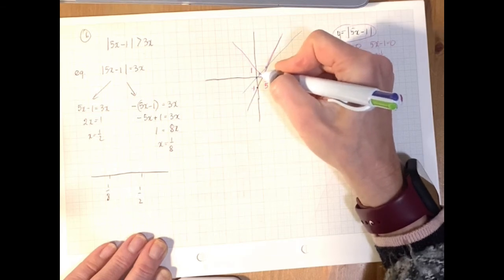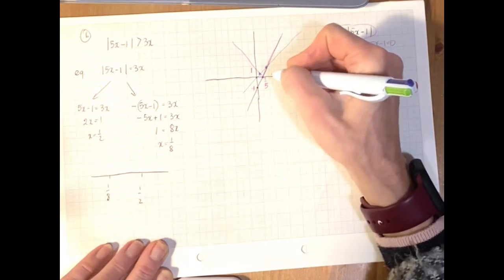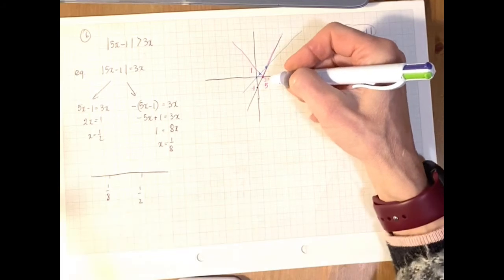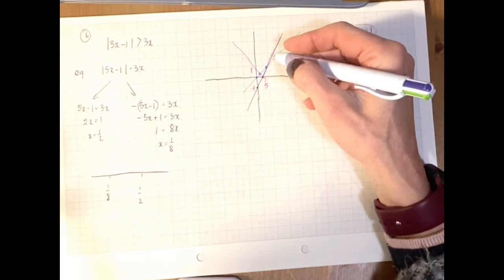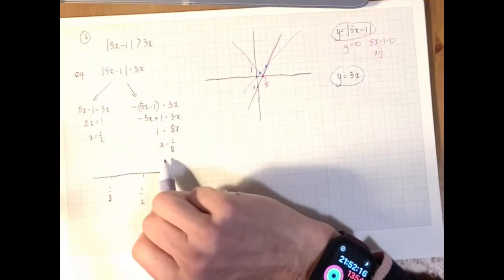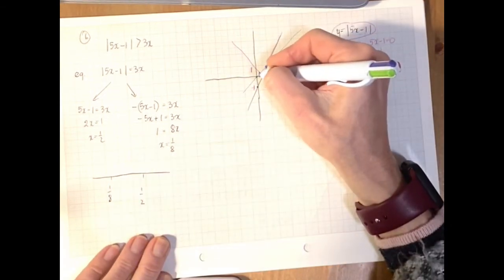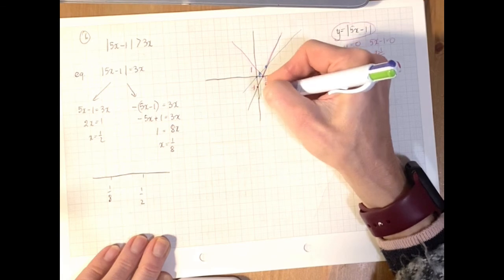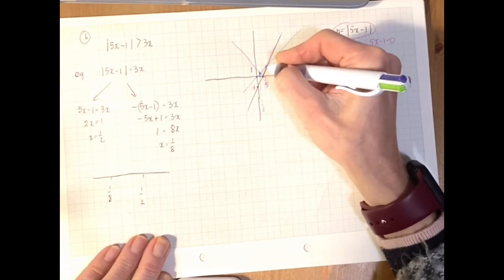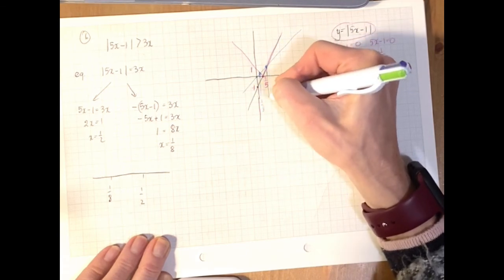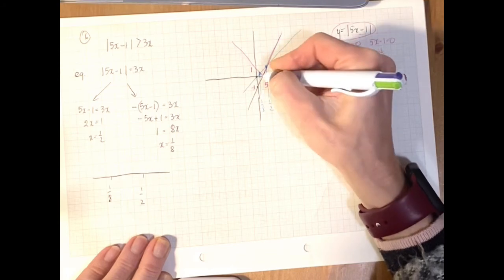So there are 2 points of intersection. Again, we can think about it and find them, but we've already found those points of intersection. So 1/8 is a smaller value, so it must be this one here. So that will be 1/8, and this one here is a half. I'll write it up, a half.